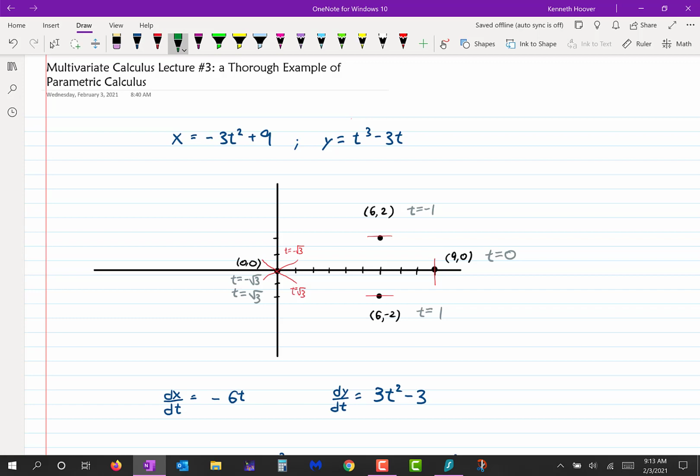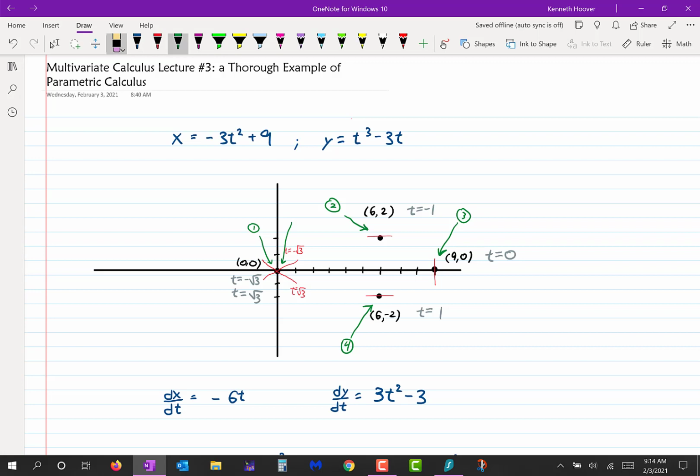Let's do this kind of like a connect the dots. So that point right there, that would happen first. Of these 4 points, that would happen first, right? And then this point would be happening next. And then this one. And then this one. And then this one again. Right?